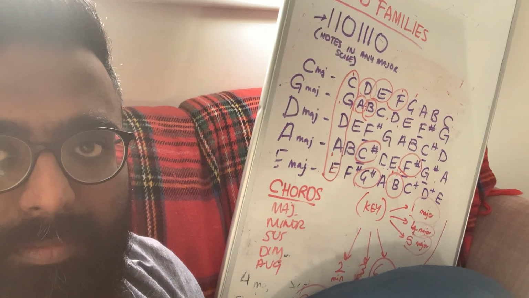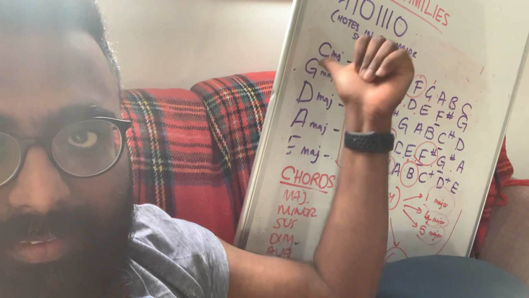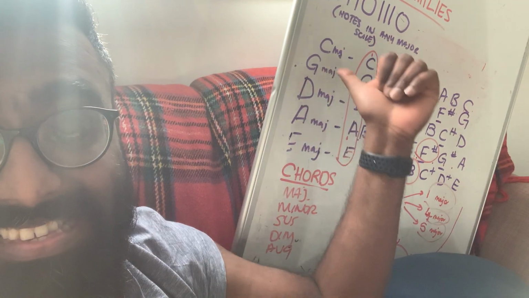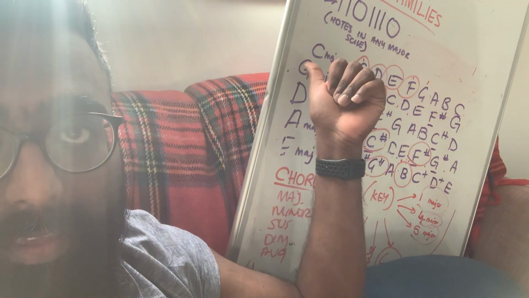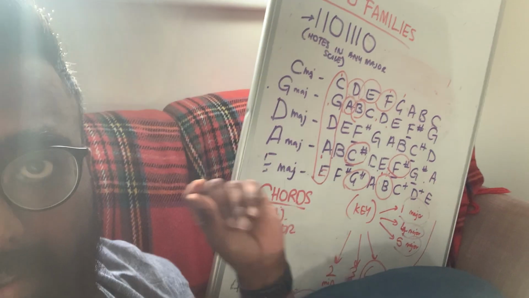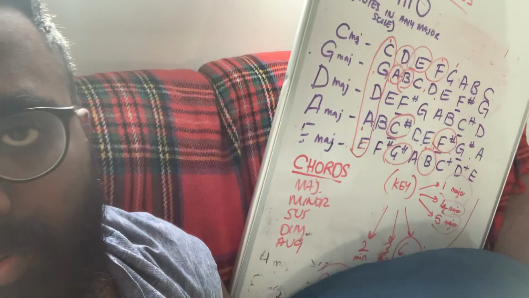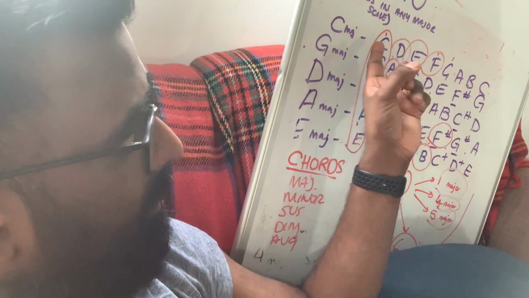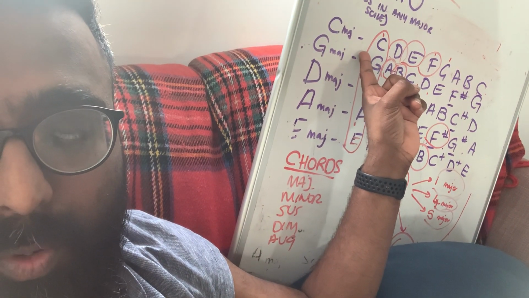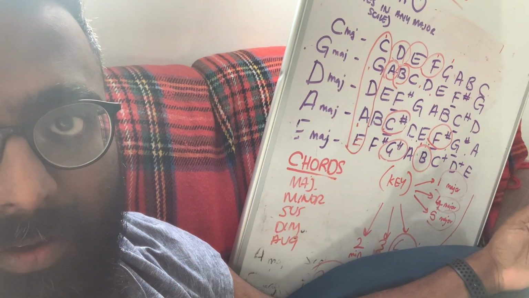But the thing to take away from today is focus on these 5 major scales. Okay, how do you know the notes in the scale? By that formula. Once you get the notes in those 5 scales that you've taken a screenshot of before, you start taking the first note and you make a chord out of it, and we'll learn how to form those chords.